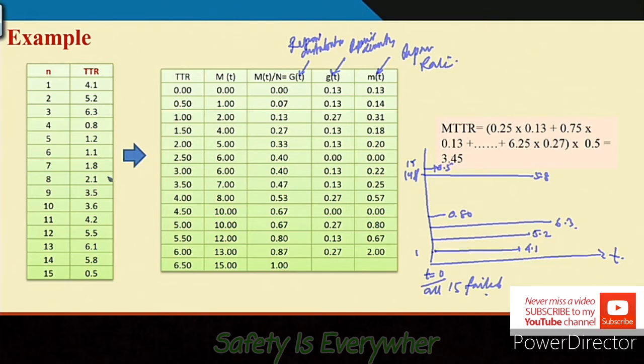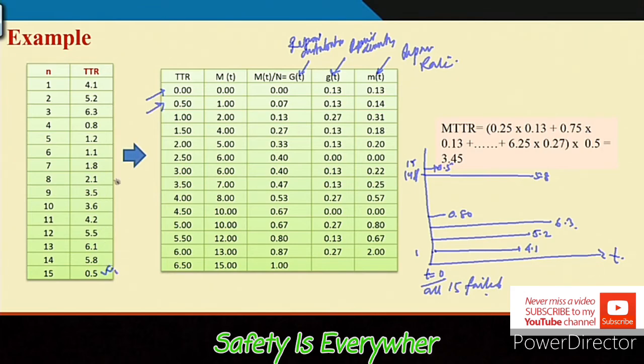As the TTR values are known, we added 0 here also, because at time 0 nothing is repaired. We arrange the TTR values in ascending order. First 0, followed by 0.5, because this is the one component repaired within this time.